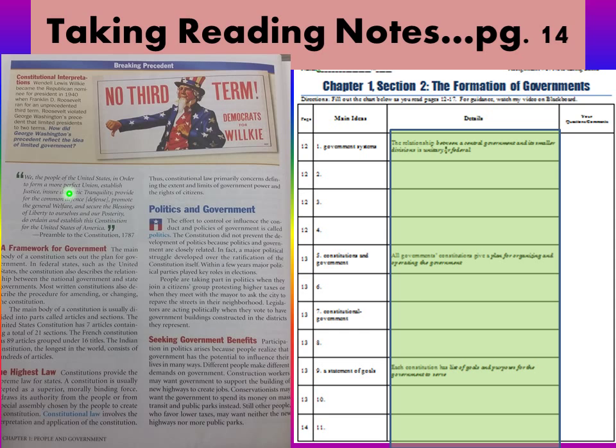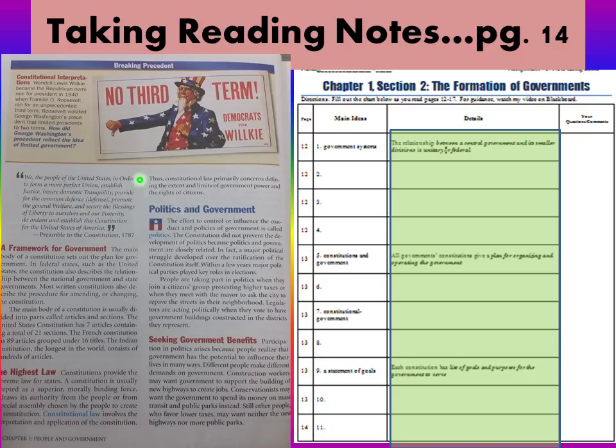Alright, so on the last page, we did the preamble and said that it lists the goals of the American government. Now, if we go ahead and read up here, this is the actual preamble, so we'll read through it. We the people of the United States, that should be familiar to you from 8th grade.